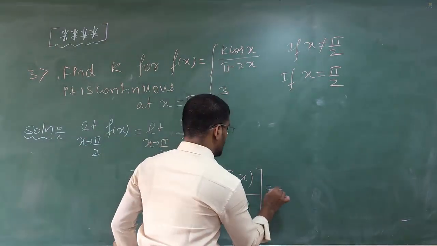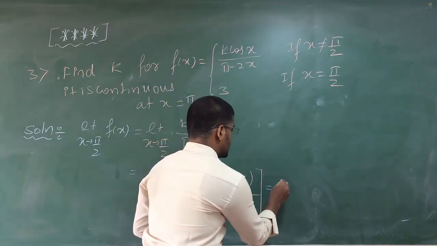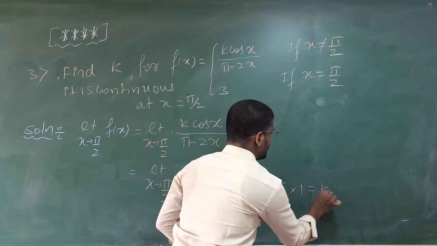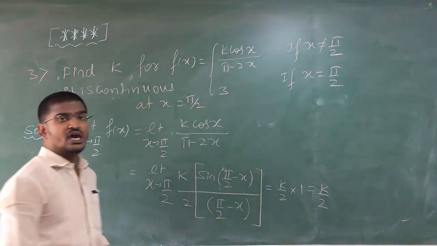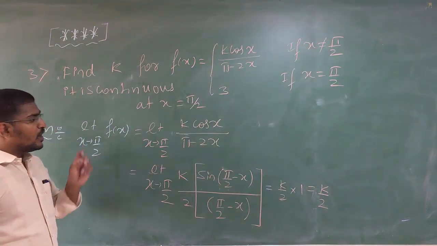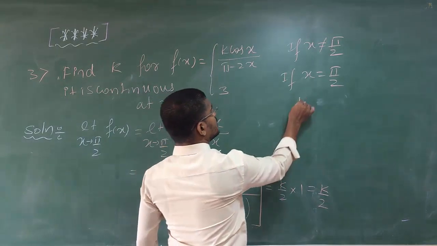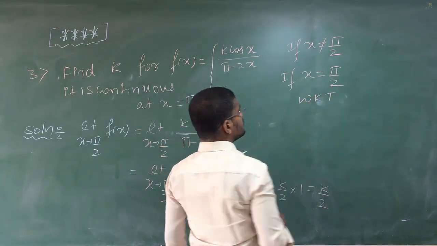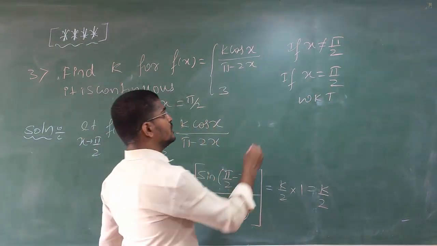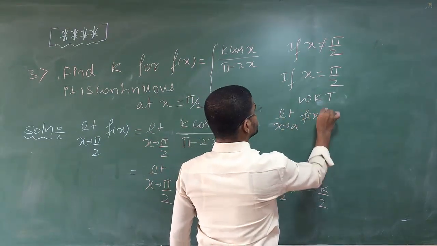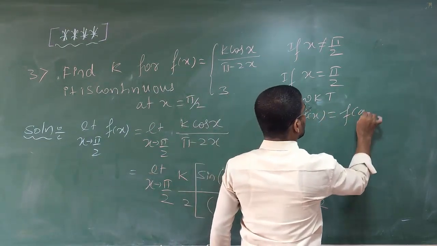So your answer will be k by 2 into 1. So that is k by 2. Clear? After getting k by 2, we know that from the definition of continuity, limit as x tends to a of f of x is equal to f of a.